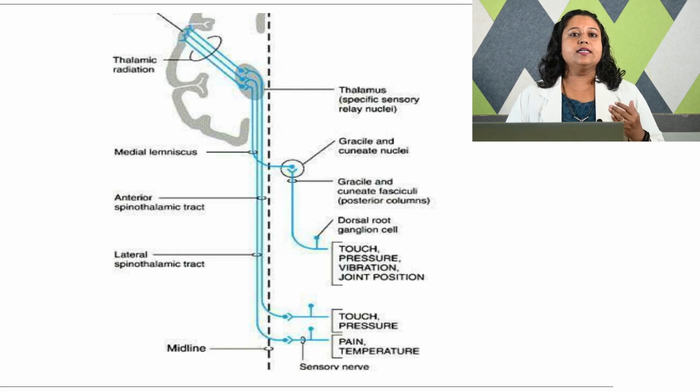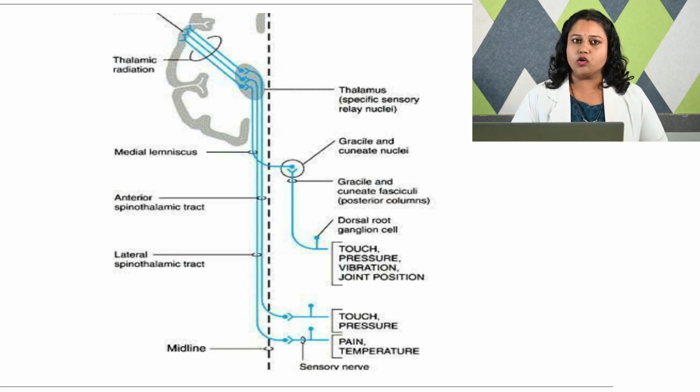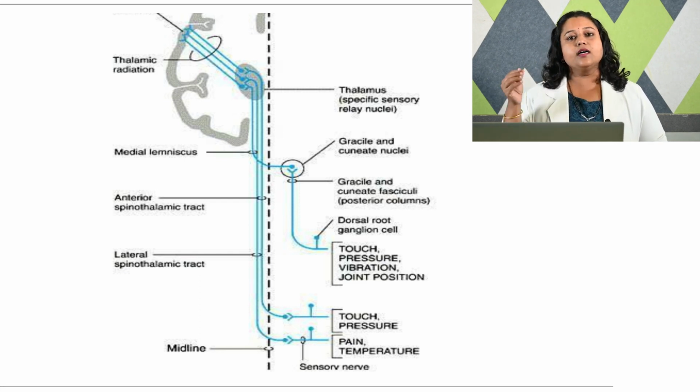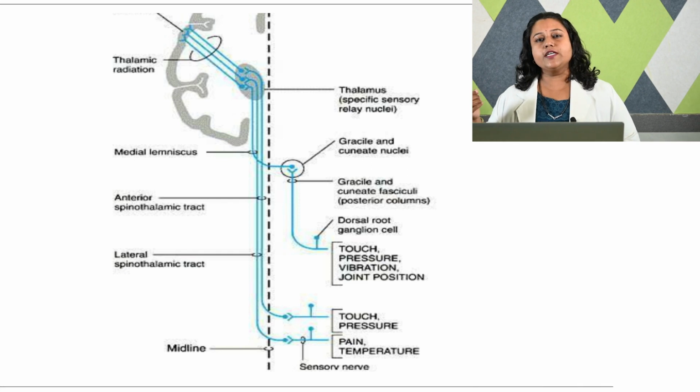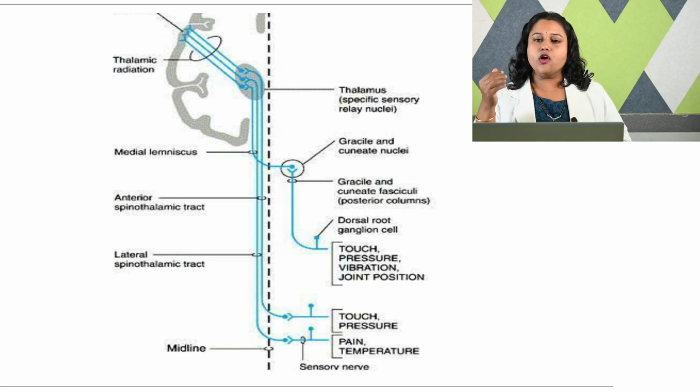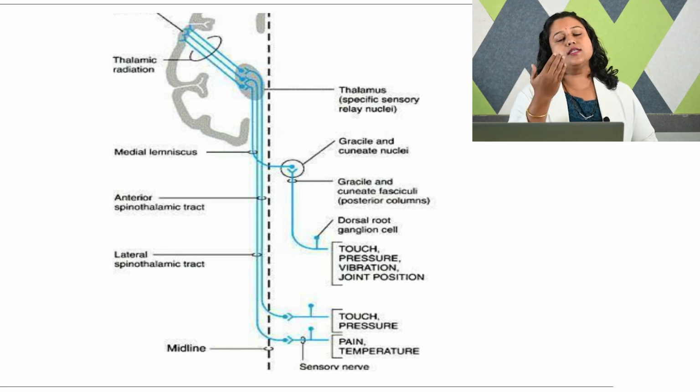So this is the tract system in the spinal cord. There are some different spinal tracts which carry the different proprioceptive, cortical, or exteroceptive sensations from the periphery towards the CNS.